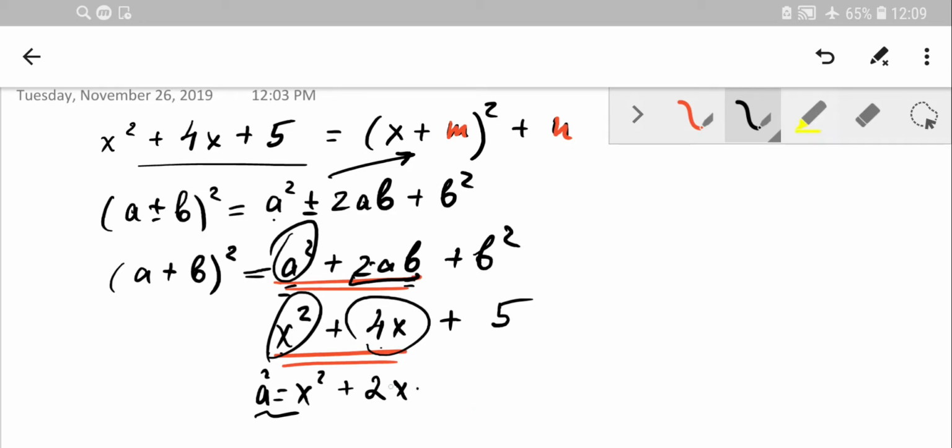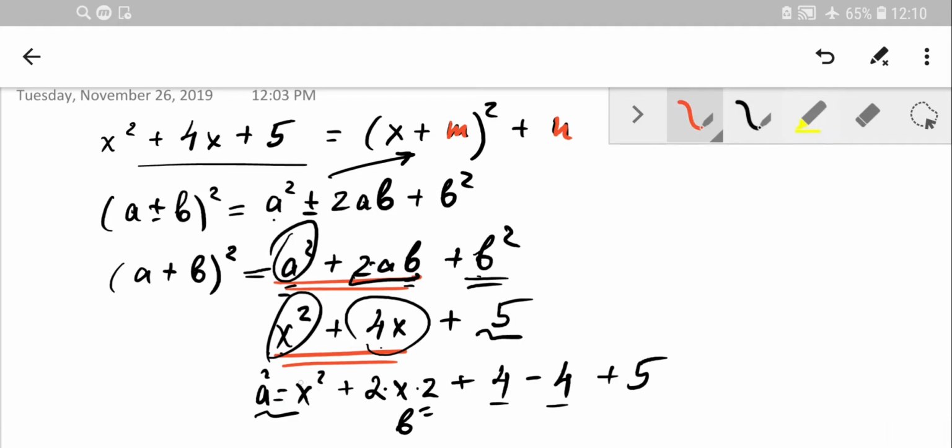We think about what we need to multiply 2x by to get 4x. Obviously it's 2, so b is simply 2, and then we need b squared. So we add b squared, which is 2 squared, so 4, and we immediately subtract it so as not to break the balance. So 4 minus 4 is still 0. And finally we add the rest, 5, that we had originally.